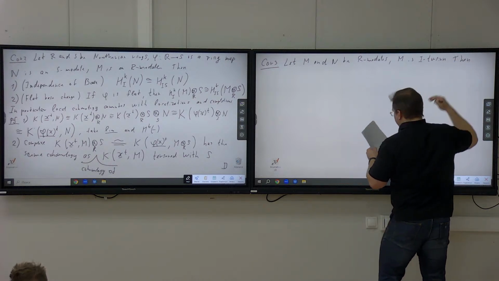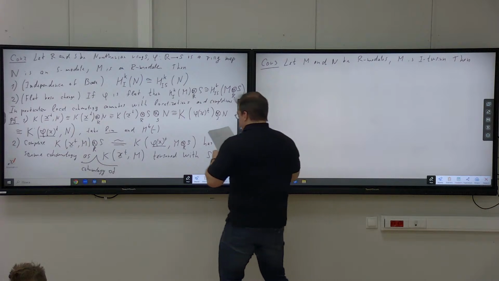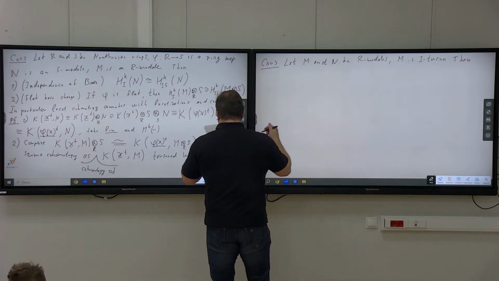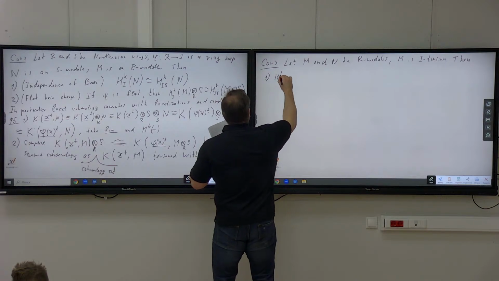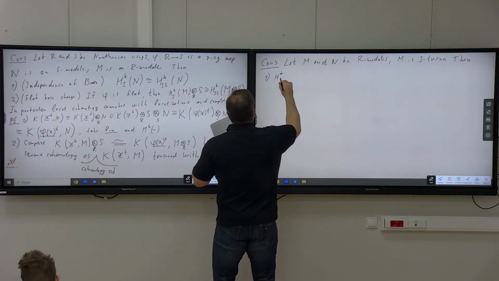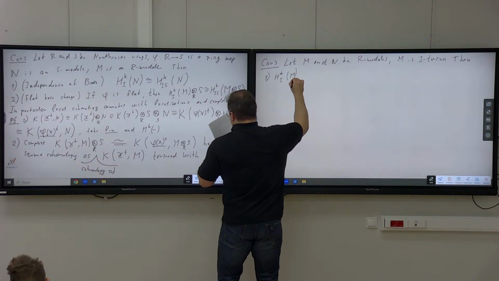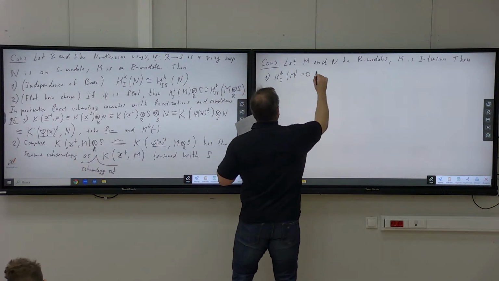Then we have three observations. First, I think that is something that we already discussed. If you look at the cohomology, then they are all zero.